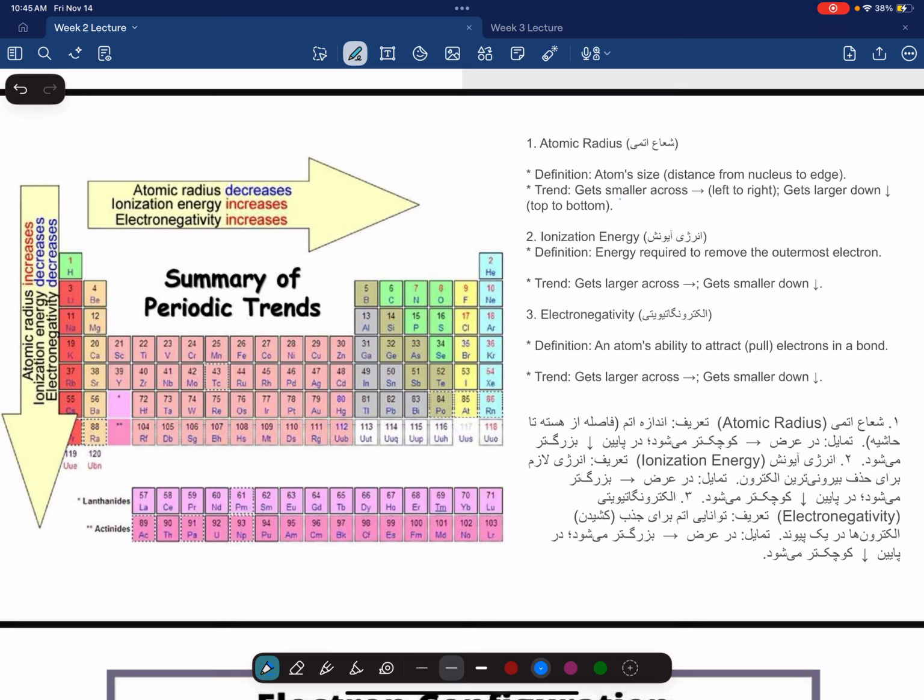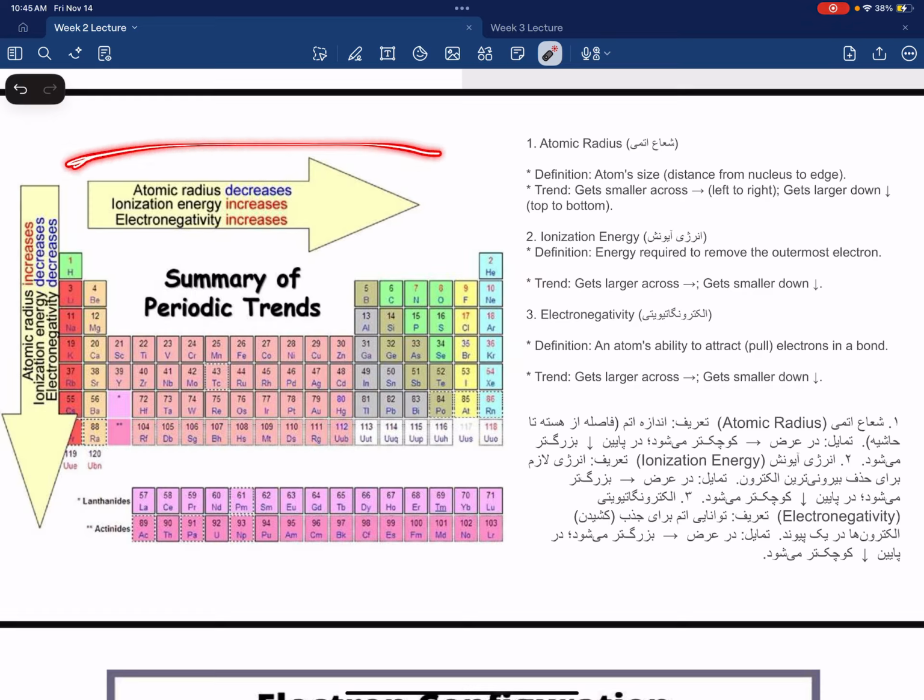The trend is as you go from left to right, the atom's radius gets smaller. And then as you go down from top to bottom, the atom's radius gets bigger.